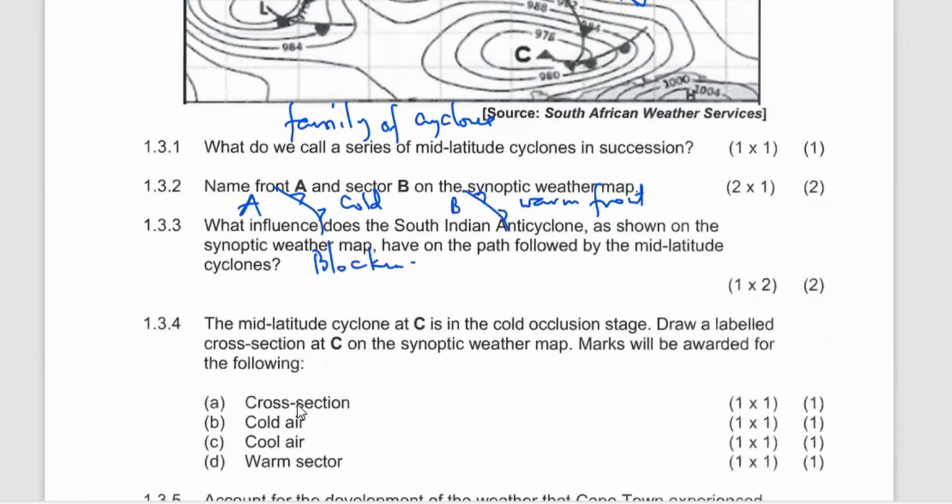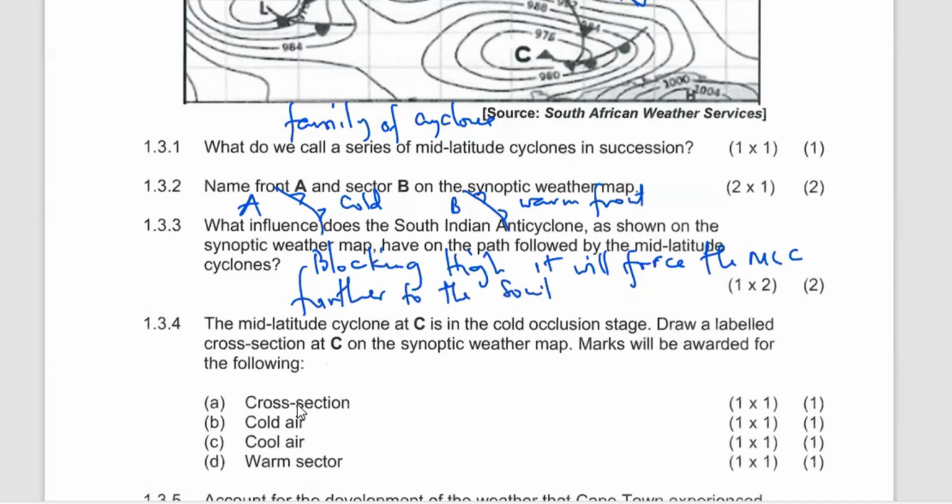It acts as a blockade to the movement of the mid-latitude cyclones. Because of its presence, it will force the mid-latitude cyclone further to the south. They are forced further to the south because they are being blocked by the presence of the anticyclone along their way.